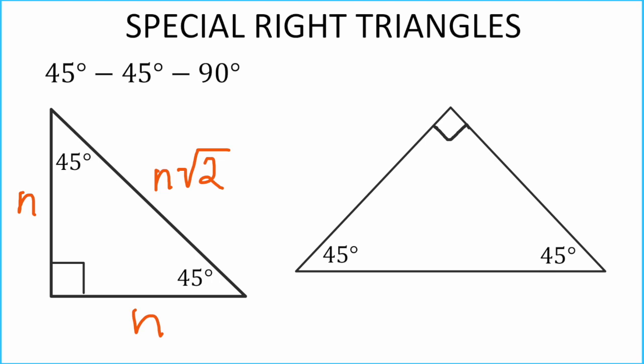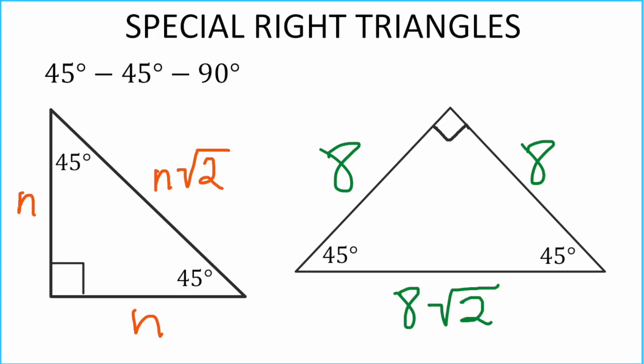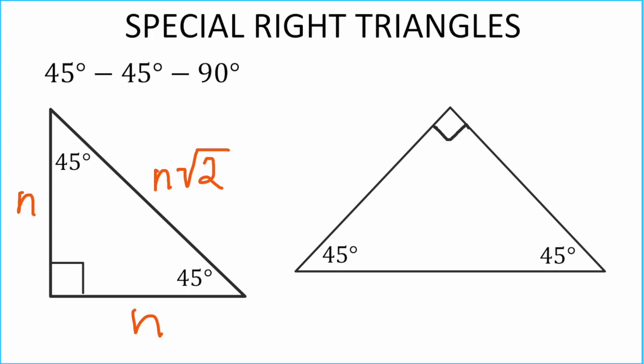All right, let's practice some. So what if I give you just one side? I tell you that side is 8. Show me the pattern. 8, 8, 8 radical 2. Let's try another one. What if I tell you the side is 27?